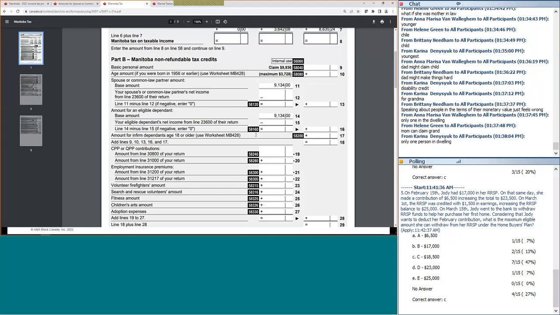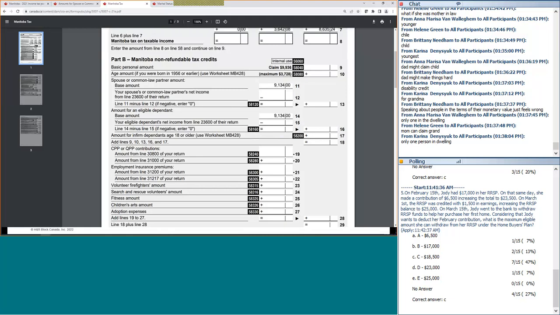Same thing for eligible dependent. If you had an eligible dependent on Schedule 5, the federal form, they will qualify for this as well, but we need to know their income. So if you've done the checklist and put them federally on Schedule 5, take the same dependent, put their net income here, and see if you get an eligible dependent amount provincially.